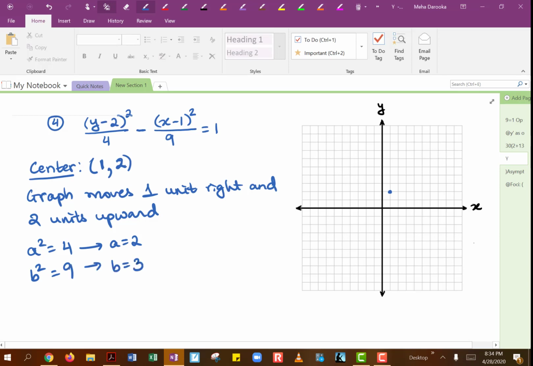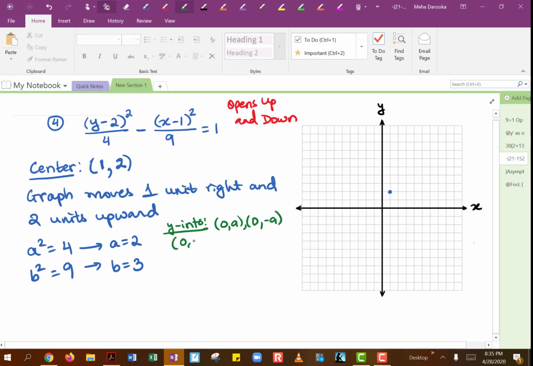Now the A value, again, since this is y square as our first variable, this actually tells us this is a hyperbola that opens up and down. So that means the A value is actually giving us the y-intercepts. So the y-intercepts would have been 0A and 0, negative A, which means they would have been 0, 2, 0, negative 2.